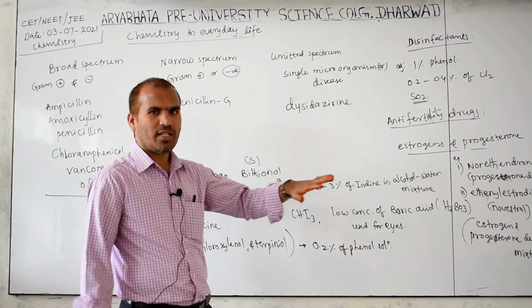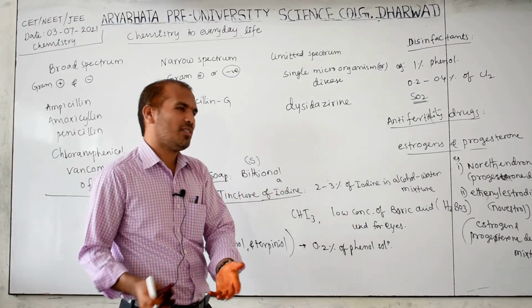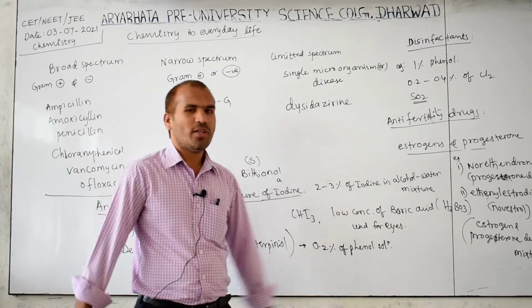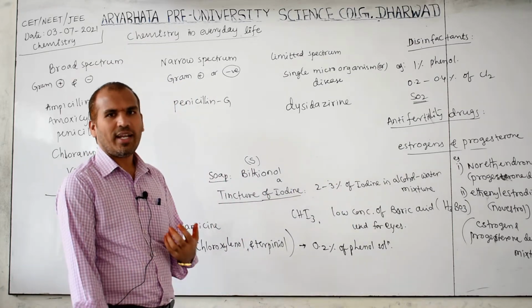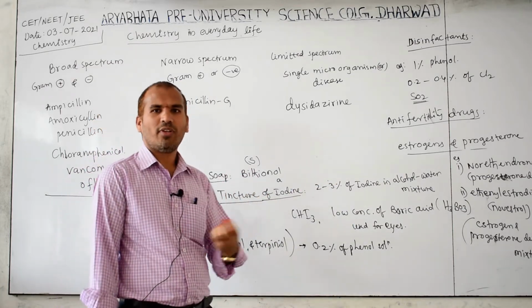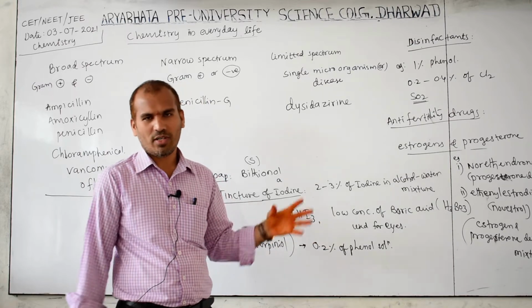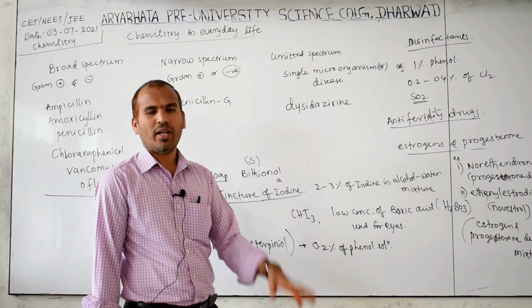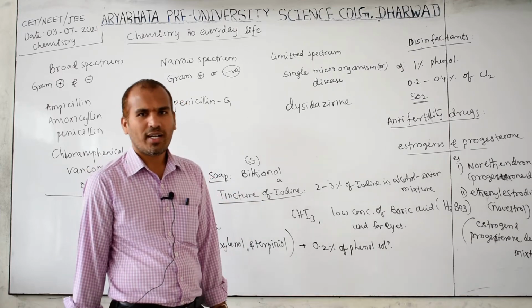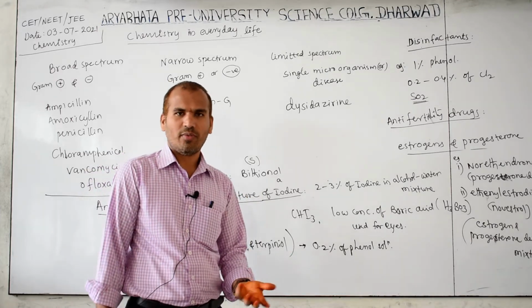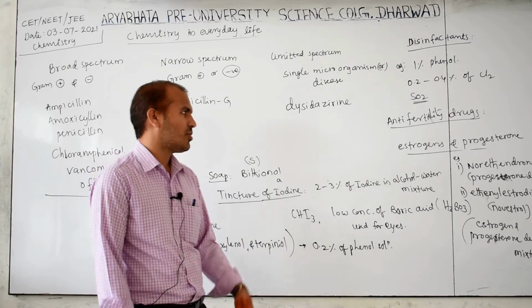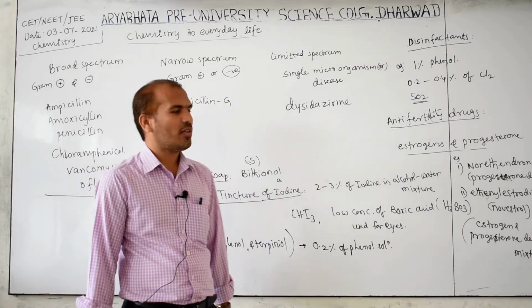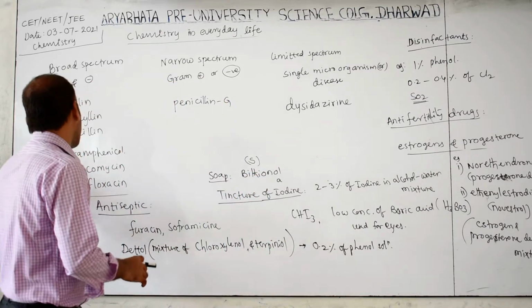Therefore, if everyone decreases, not only one person, then the population will decrease, and all people will get proper food, water and jobs, everything will be properly maintained. If it is more than that, then automatically you will get problems. Nowadays you are already getting so many problems. So follow the rules and regulations, that is good.